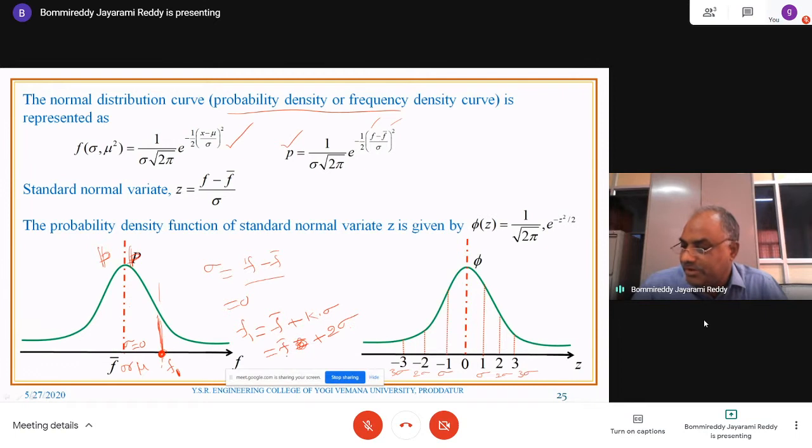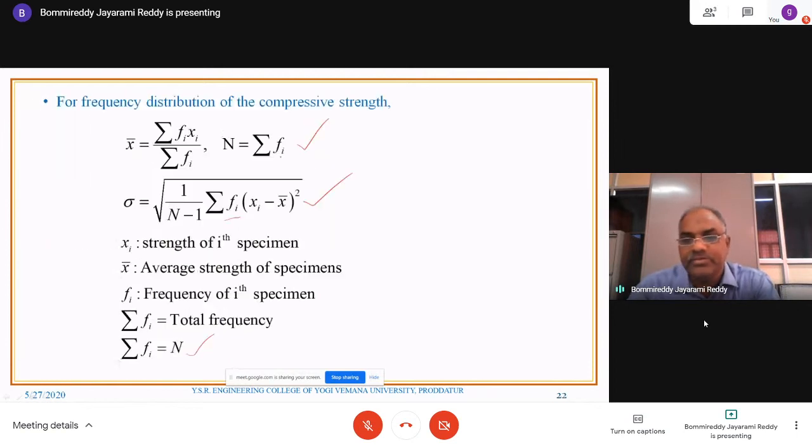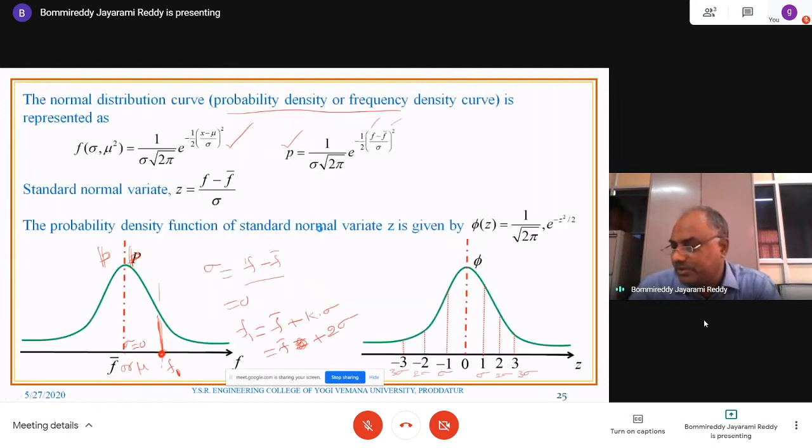Knowing the average value x bar and also sigma from the previous things, you can compute the magnitude of the stress at a deviation of plus 2 sigma. So this is how some small numerical problems are associated with this.